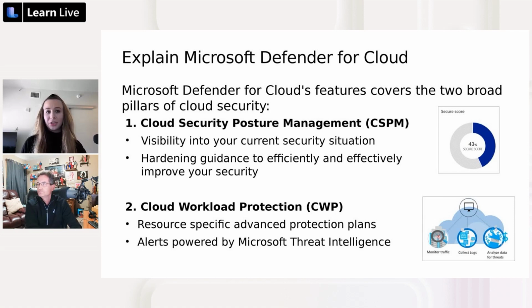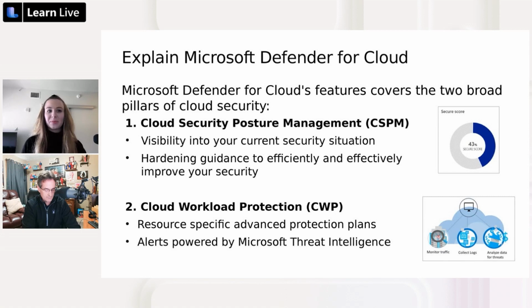With Cloud Security Posture Management, Defender for Cloud is giving you visibility into the different resources you have connected to Defender for Cloud, whether those are still on premises, in Azure, or in other public clouds like AWS, Amazon Web Services, or Google Cloud Platform, GCP. For each resource, Defender for Cloud is going to show you the current attack surface of that resource so you can better understand your security situation.